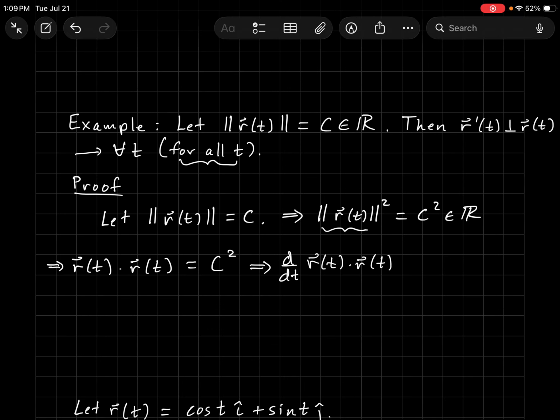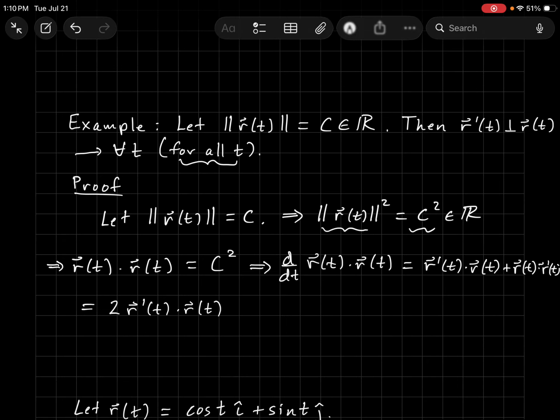I'll just work on that side for now, which is going to be r prime dot r plus r dot r prime, or 2 times r prime dot r. But if I took the derivative of the other side, which is c squared, or simply a constant, I know that the derivative of this other side is 0.